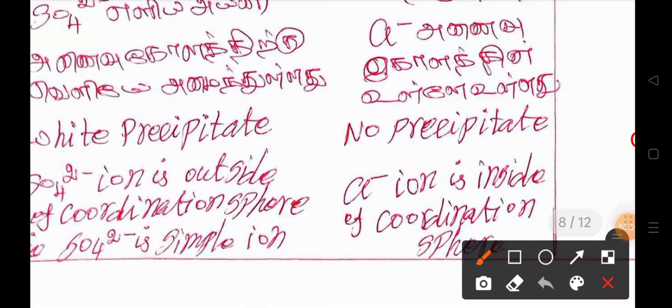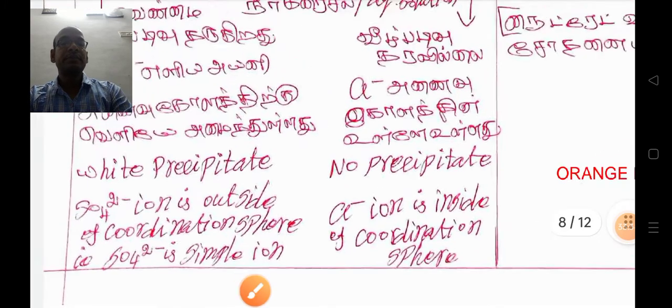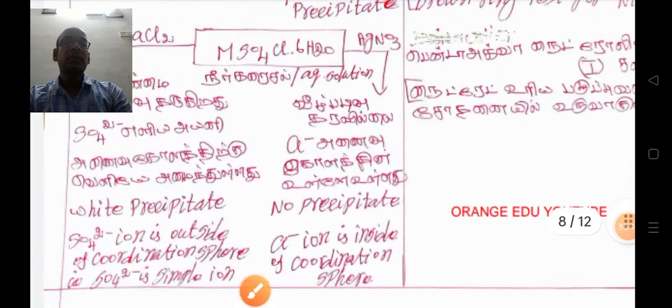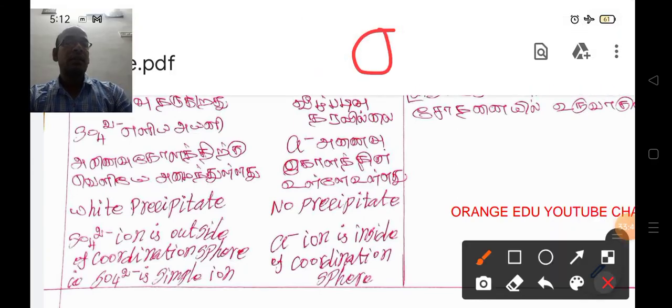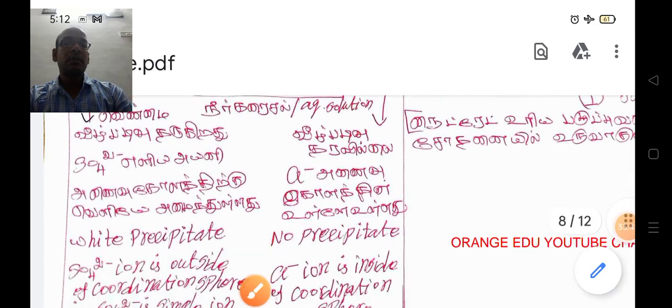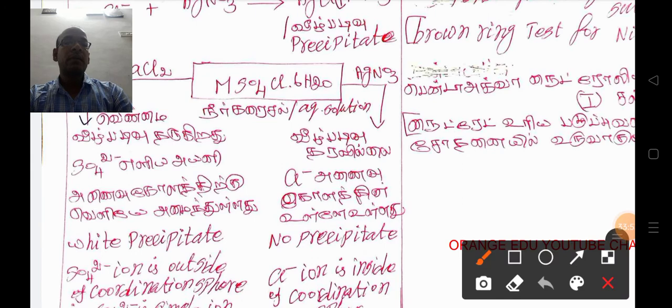That is, Cl ion is inside of the coordination sphere.